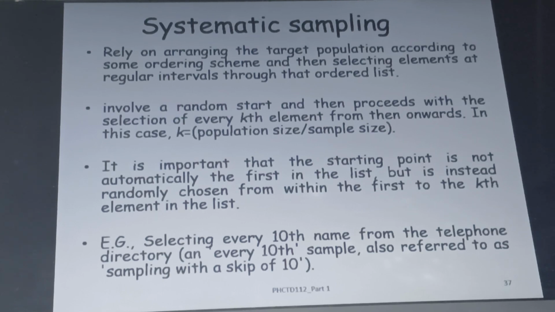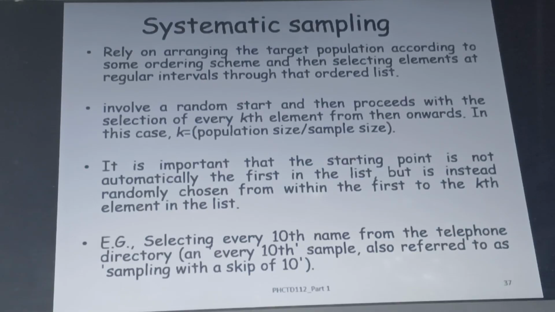It is important that the starting point is not automatically the first in the list, but instead randomly chosen from within the first to the kth elements in the list. So, if I say I'll pick the first individual on the list, that might introduce bias.